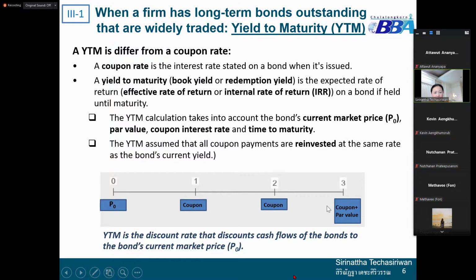So when you discount this cash flow by the required return, you will have the price of the debenture, and this required return basically is the yield to maturity, so it's the cost of debt. Okay, coupon is the cash flow, it is the promised return. It's the historical cost, but yield to maturity is current cost. This is the cost of debt.